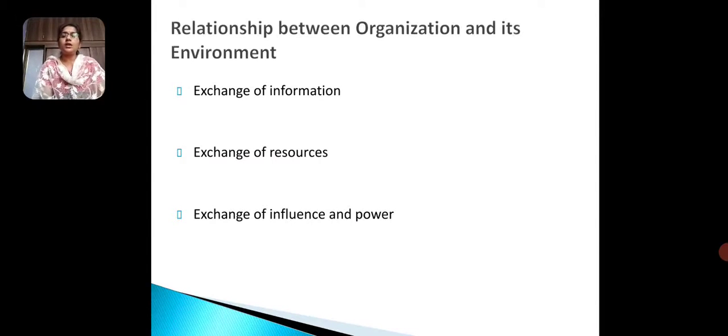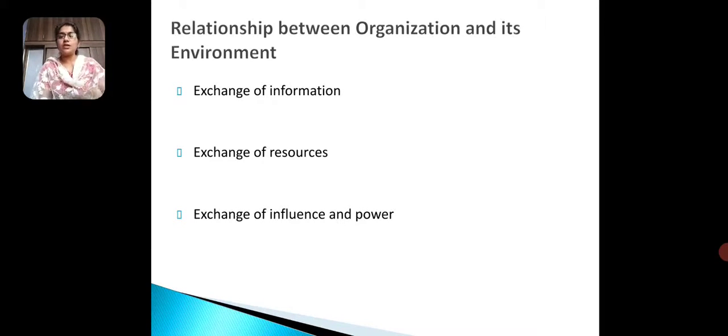For any organization, for that matter, it requires resources. It could be raw material, laborers, finance, or any other resource, technology. Now these resources the organization needs come from its environment, isn't it? The raw material is available, maybe it's a natural resource, they have to extract it and use it, or maybe it is sold by some suppliers, so you have to approach them and get it.